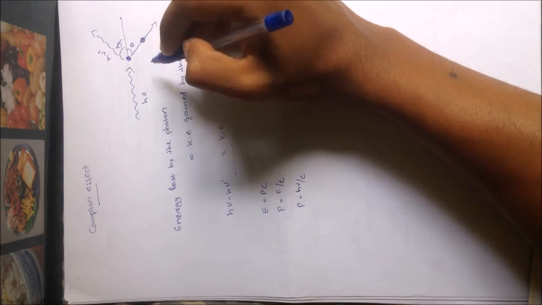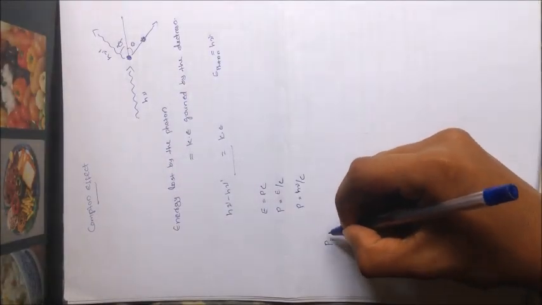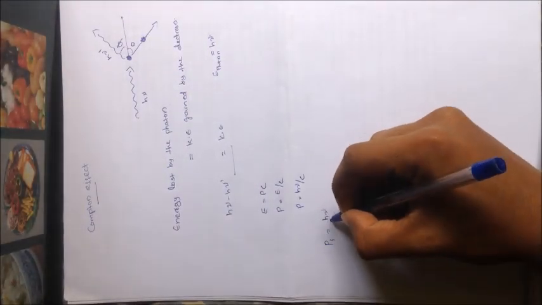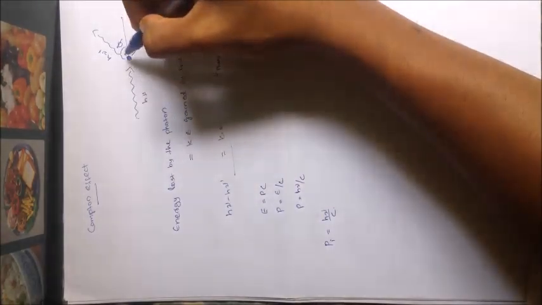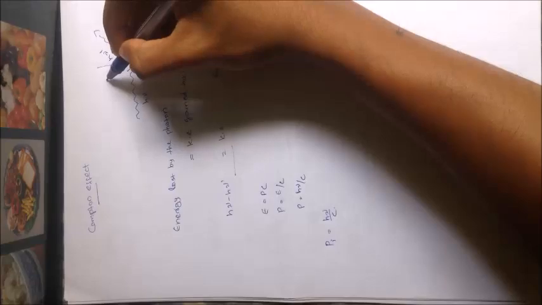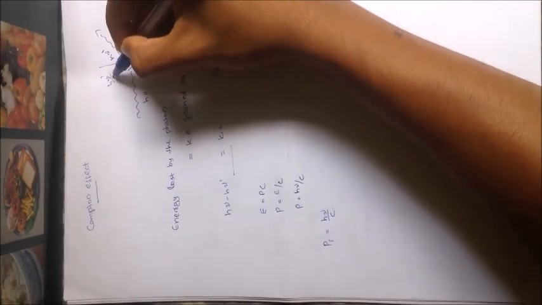So the initial momentum P initial is equal to h nu by c. Then the scattered photon has momentum h nu dash by c, with components h nu dash by c sin phi in the y direction and h nu dash by c cos phi in the x direction.